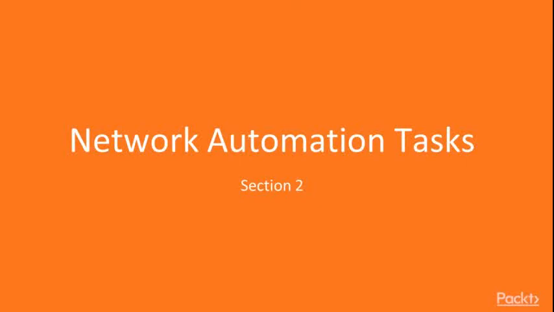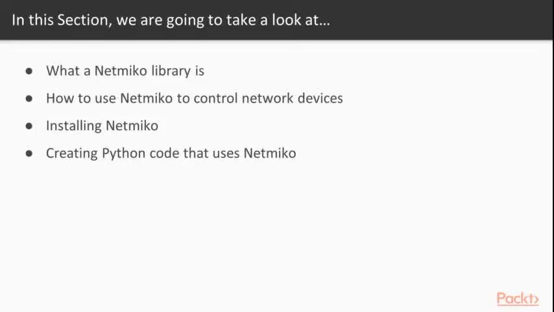Welcome, this is the second section of our Enterprise Automation in Python course. In this second section, we will see how to automate network tasks. So this is network automation tasks, section 2. We will see how to use Netmiko to control network devices.